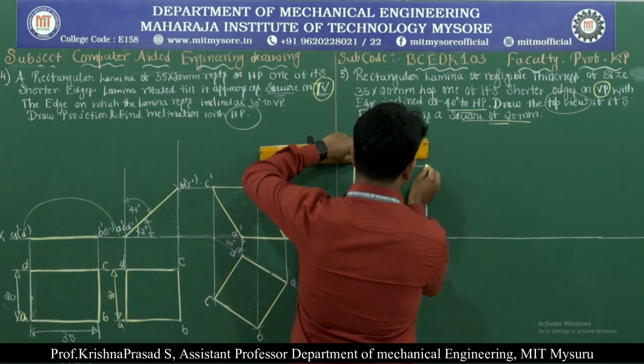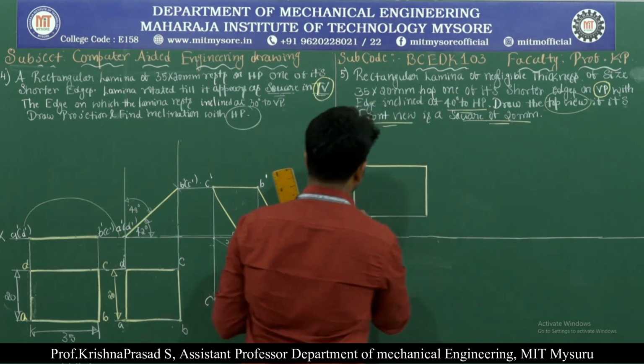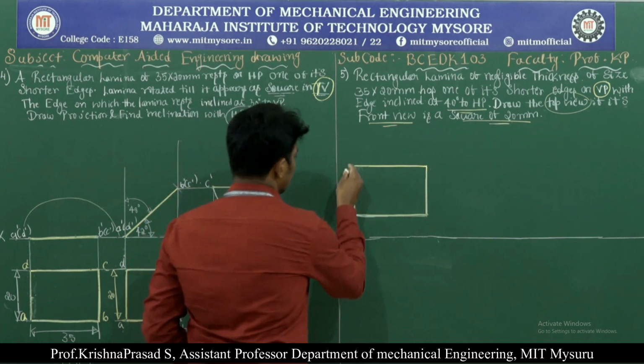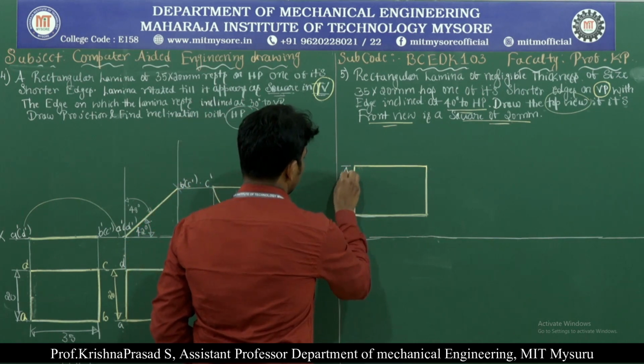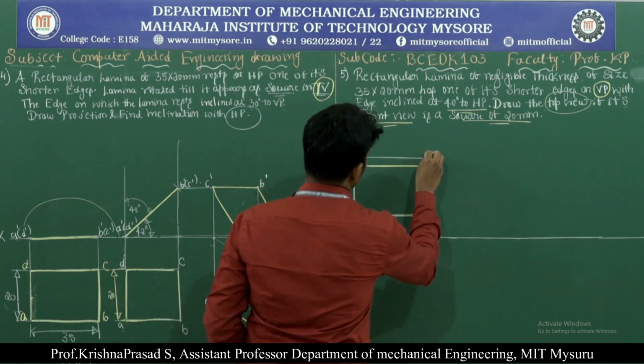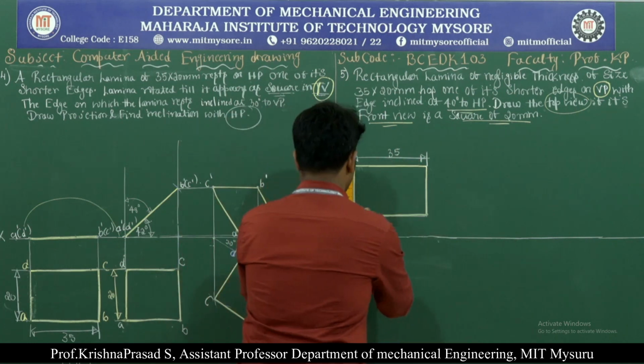It is a rectangular lamina of negligible thickness, 35 into 20 mm, resting on VP with one of its shorter edges.